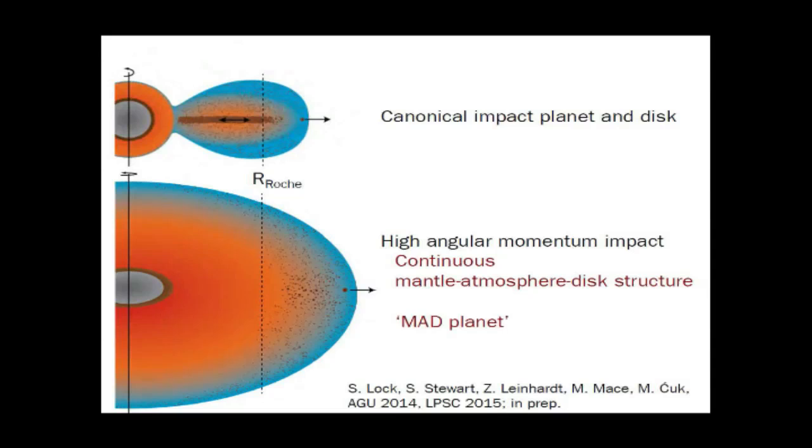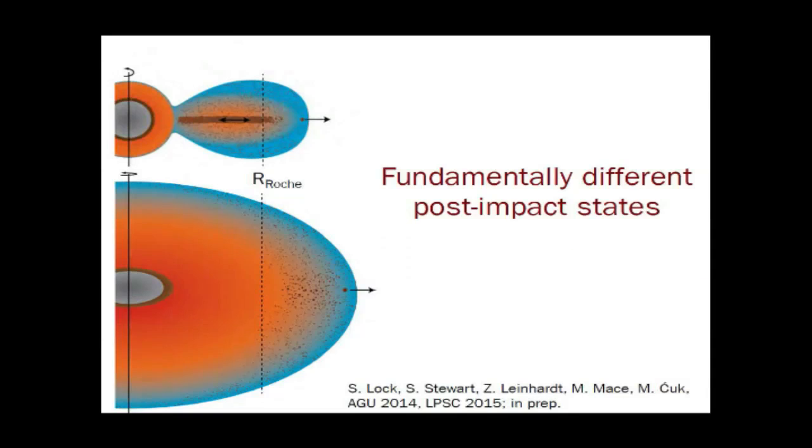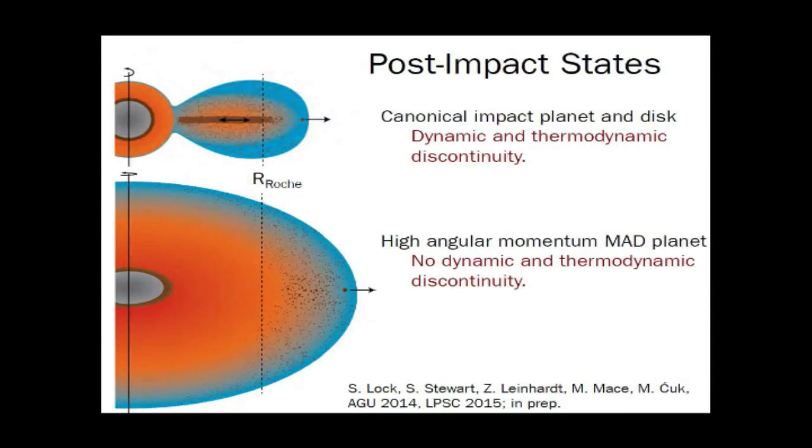The main point is that these are fundamentally different beasts, apples and oranges, and what happens next is very different between the two. It's because what happens next to form the moon is fundamentally governed by the dynamical and thermodynamic discontinuity between a planet and a disk versus this continuous structure around a fast-spinning planet.